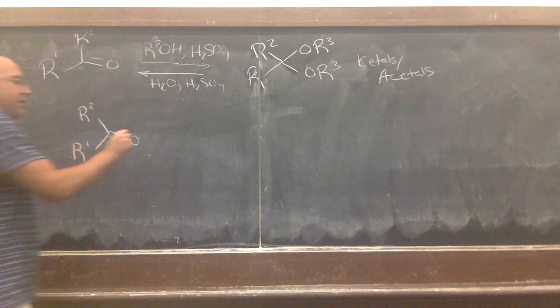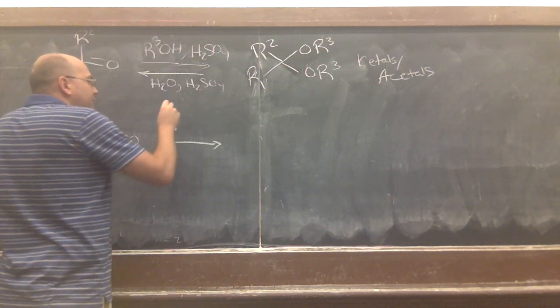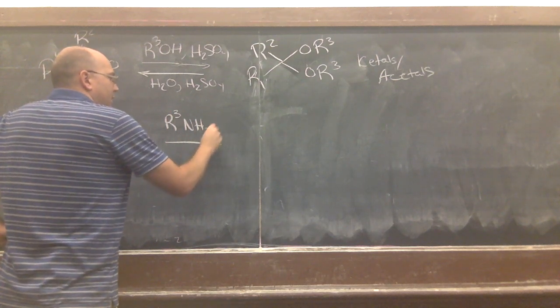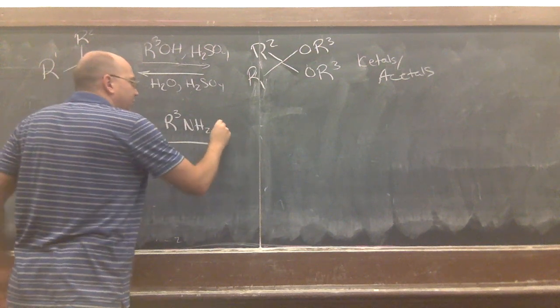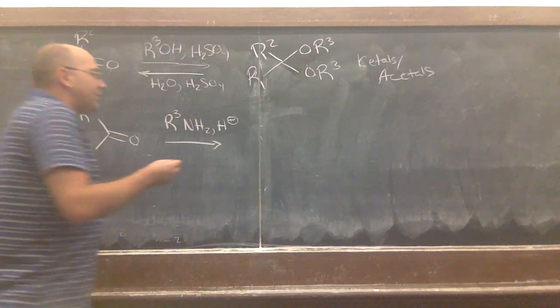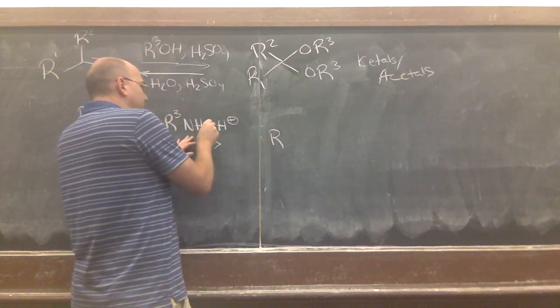If you were to take a carbonyl of some sort, and you were to treat it with, say, for example, an amine and some acid, abbreviate that as H+, the mechanism is the same, right? However, the difference is, unlike in the case of the carbonyl, in the case of the nitrogen, having that second hydrogen here, this is key.